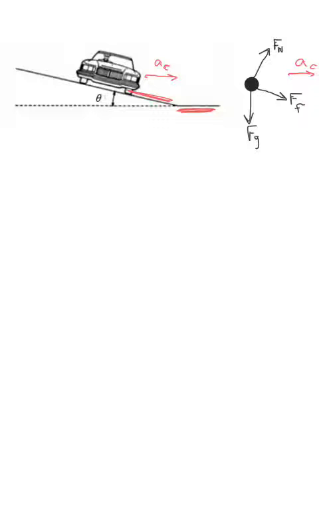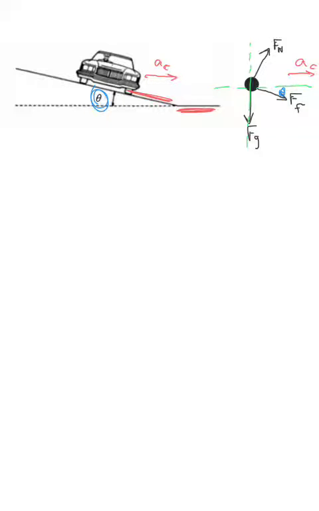So that being said, I'm going to draw a horizontal and vertical set of axes. And on that set of axes, if I label some things on here, this angle of the ramp is going to be the same as this angle right here, the angle between the frictional force and the x-axis.